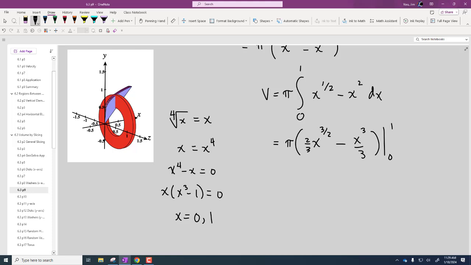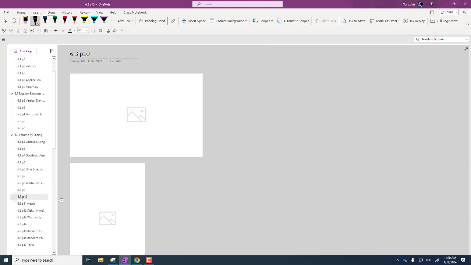Plug in 0, you get nothing, so we get pi over 3. That's the volume. So a lot of geometry in this chapter. This chapter is going to have a ton of geometry. So it's going to be really helpful to draw little sketches and make sure you're seeing where the radii are and things like that.